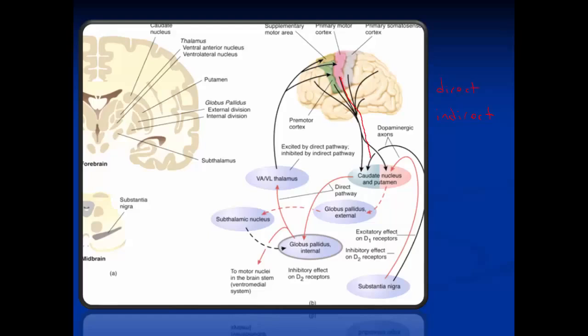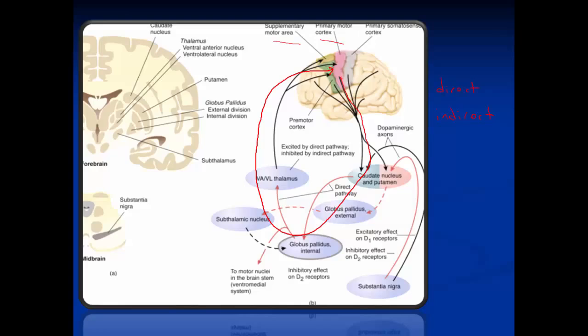We'll send information into the basal ganglia through several different ways. That's going to basically feed back on premotor cortex, on SMA, and on the primary motor cortex. This feedback is going to help guide the action of these things.